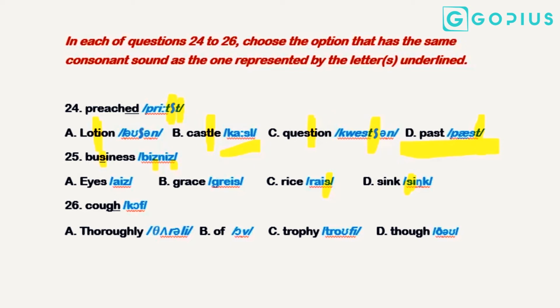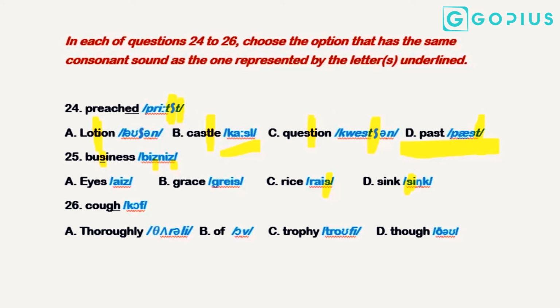If it's a voiceless consonant sound, the plural marker would take S. But if the word ends in a voiced consonant sound or a vowel sound, which is always voiced, it takes Z.